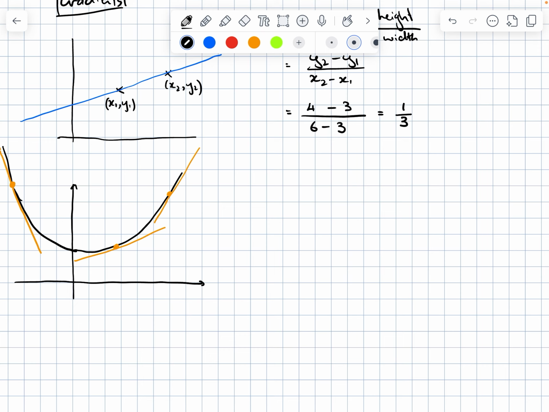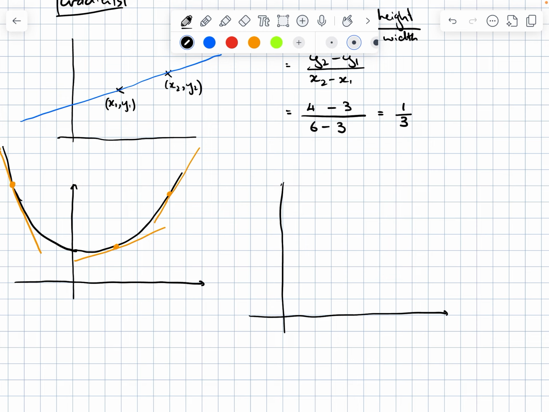Because the issue we have right now is that we want to find the gradient at any one point, except just from before we saw that we needed 2 points to find a gradient. To see how we might find the gradient at only 1 point, we'll start with a curve. Any curve will do.